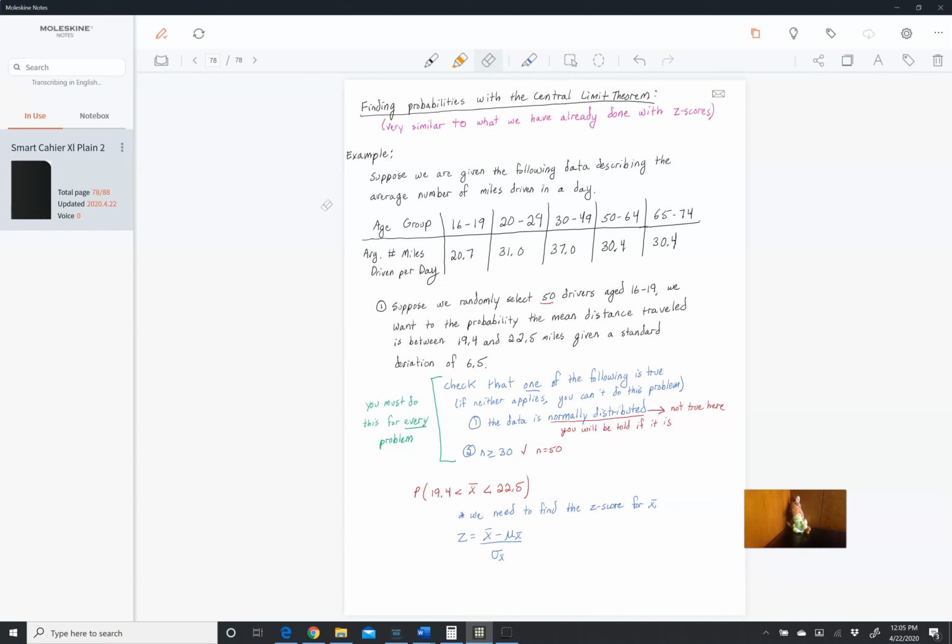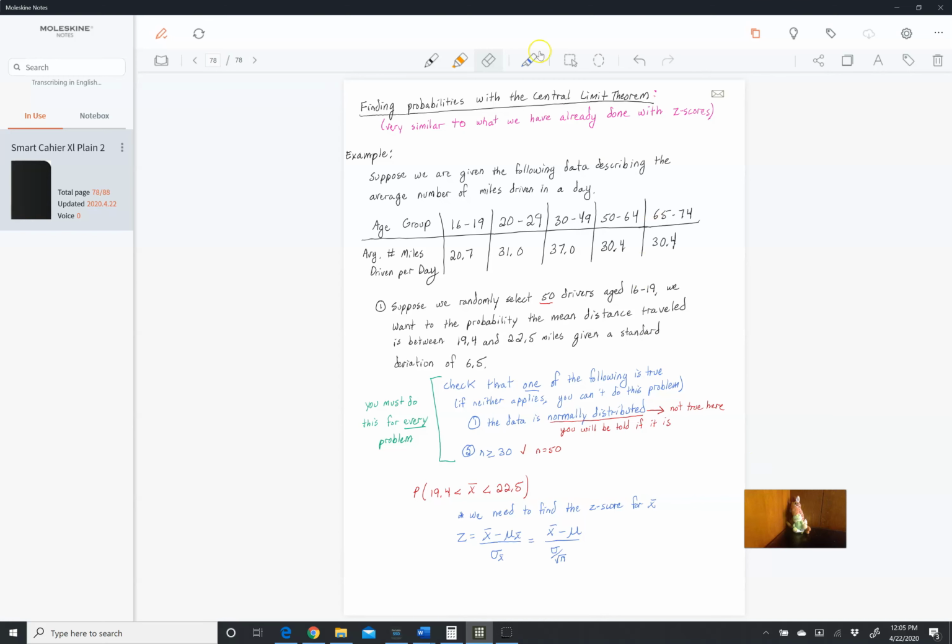So what does this mean? This means that in order to find the z-score, the mu x bar is already given to us. The standard deviation, the sigma x bar, is already given to us. So we just need to remember that x bar minus mu is equal to sigma over the square root of n.